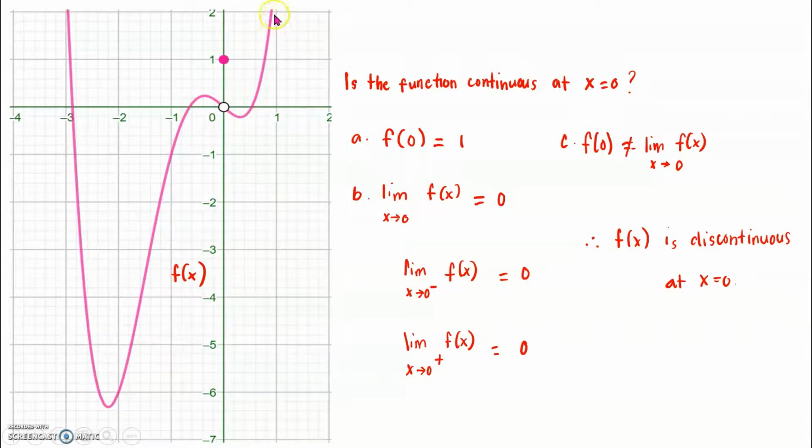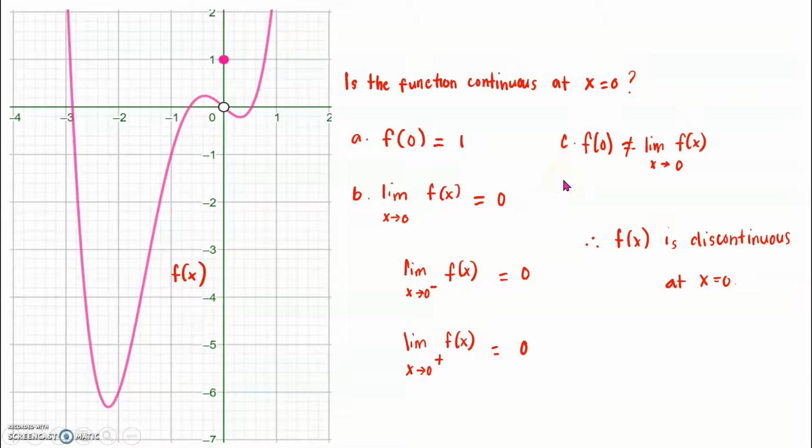Similarly, tracing the graph, as x approaches 0 from the right, f of x also approaches 0, meaning our right-hand limit is equal to 0. Since our left-hand and right-hand limits are equal, the limit of f of x as x approaches 0 from both sides is equal to 0. So the second condition is also satisfied.